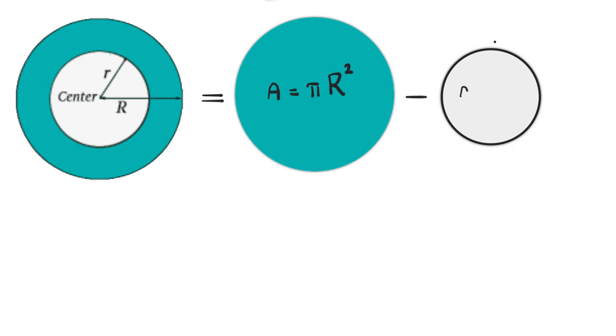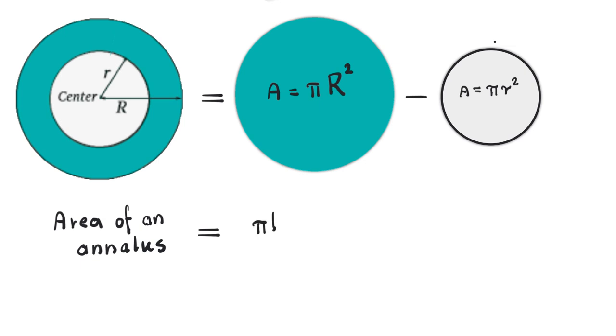And this area is going to be also pi r squared, but with a little r. The area of the annulus is therefore pi R squared minus pi r squared.